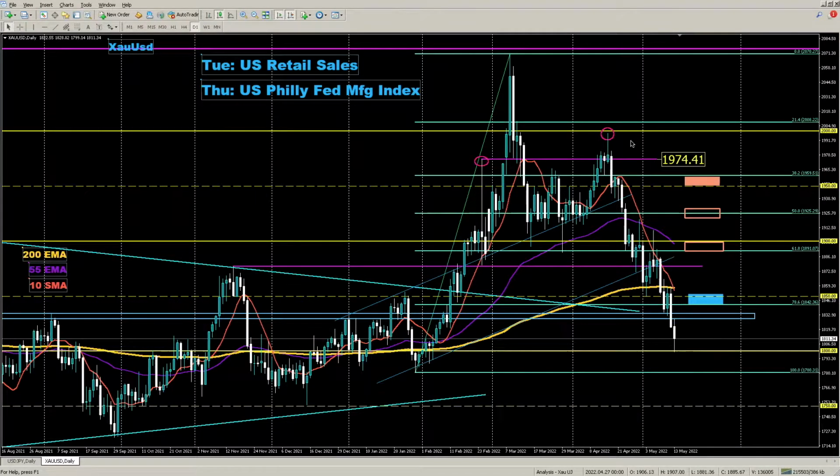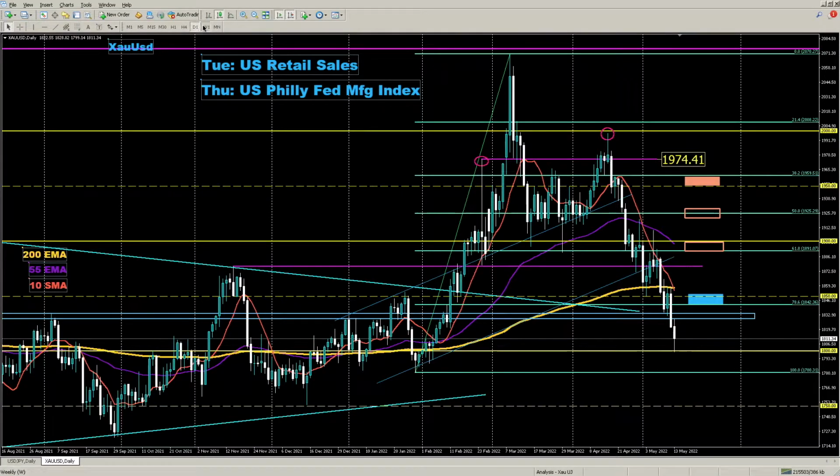It has already fallen since this attempt to retest the 2000 level in mid April last month, and so within a month it has fallen almost 2000 pips here, from 2000 to hit 1800. So a slight pullback after hitting that, but still continues to look bearish.